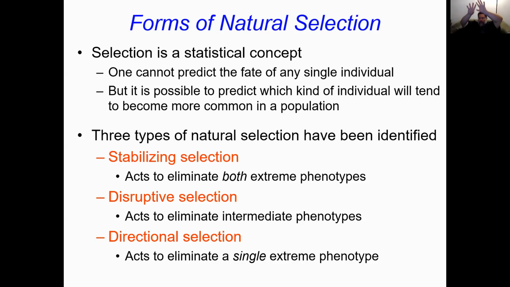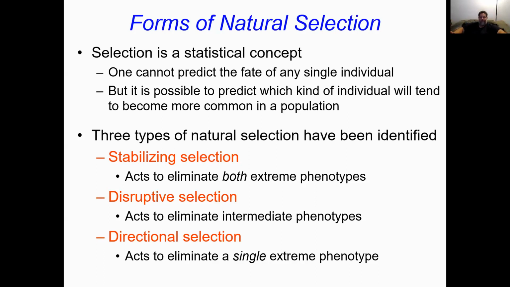So if you're talking about a population, most people are up here, this average height, if we're talking about a bell curve, and at the extremes, the really tall and the very short get selected away. Disruptive selection eliminates the intermediate. That means anybody in the middle, the average height people, would be selected against.